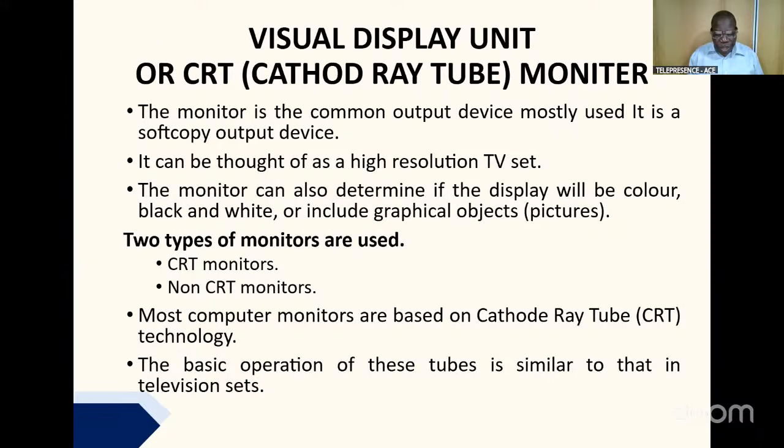Most computer monitors are based on cathode ray tube technology. That's most desktop computers. Let's say that desktop computers are based on cathode ray, but the basic operation of these tubes is similar to that in television sets.